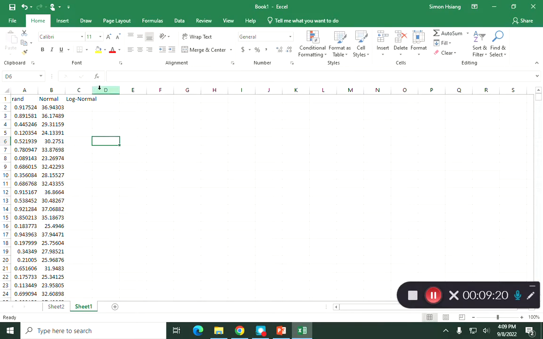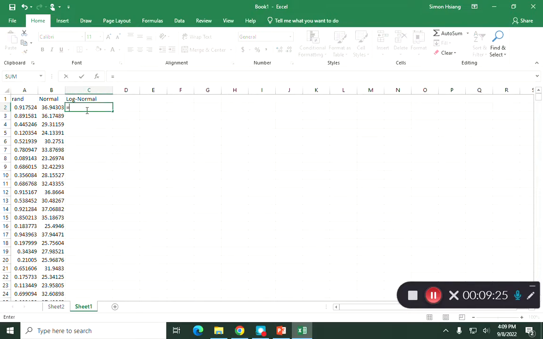So how to generate my log normal variable is basically just take the exponential of my normal. Now, remember, originally it looks like a bell shape, right? But now if I take the exponential, what will happen? Something big become even bigger, okay?